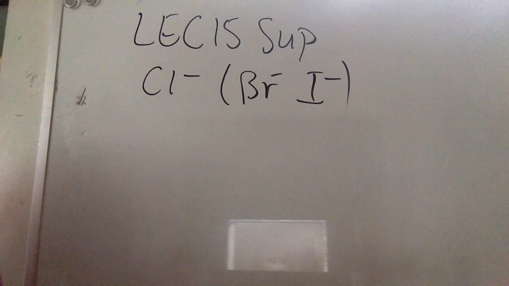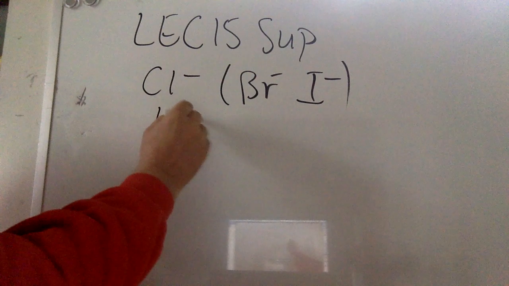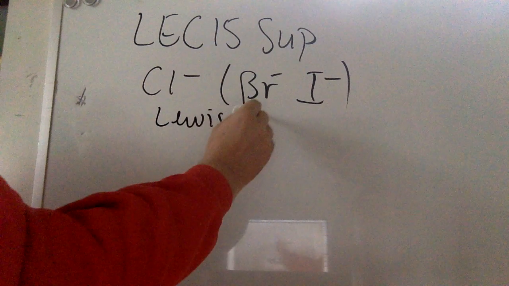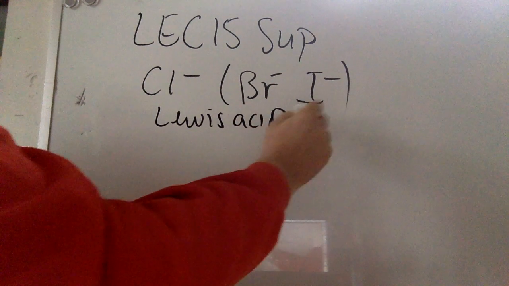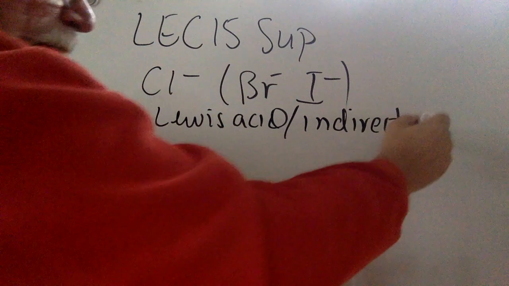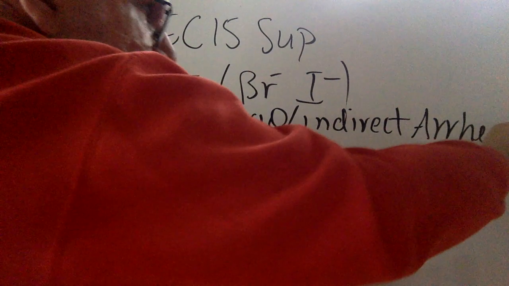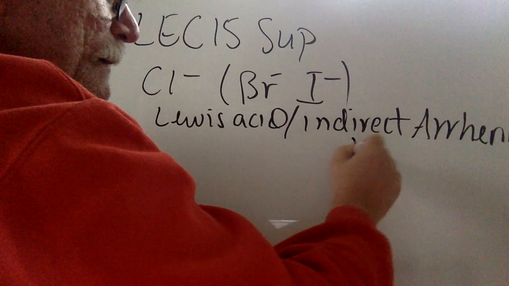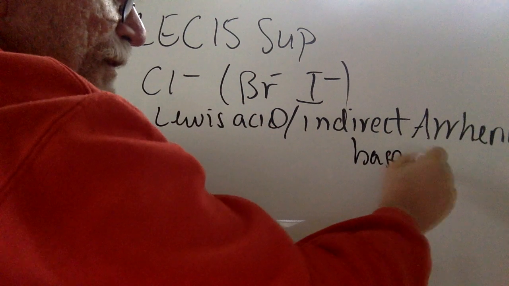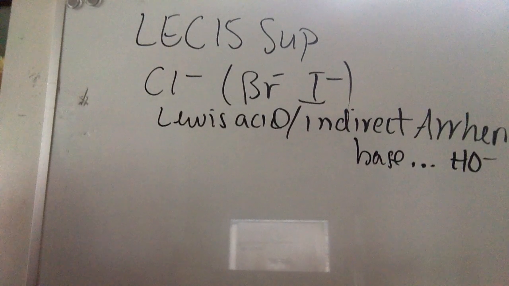So if we assume that chloride ion acts as a Lewis base or indirect Arrhenius base that produces hydroxide ion, we might model it as the following.